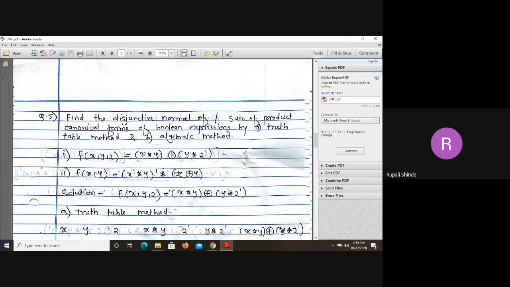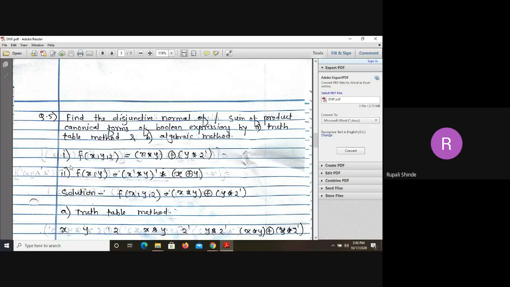So the question is: find the disjunctive normal form or sum of product canonical forms of Boolean expressions by truth table method and second by algebraic method. Okay. So the first example I will solve for both methods, but for the second you have to try by yourself.